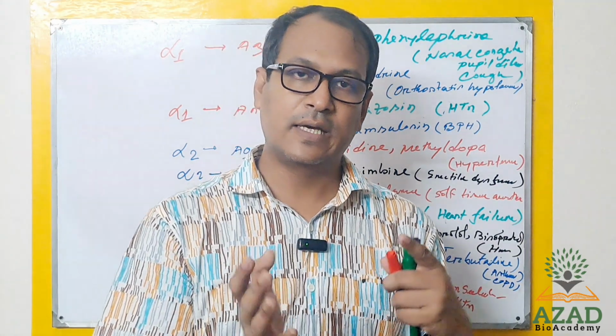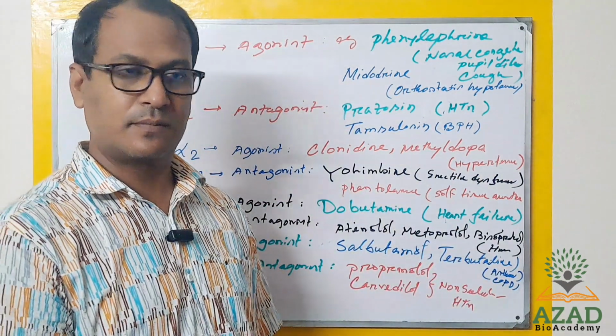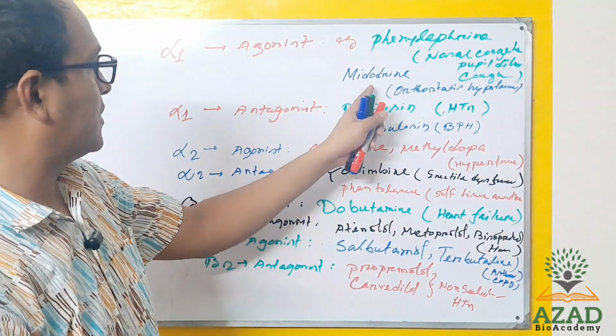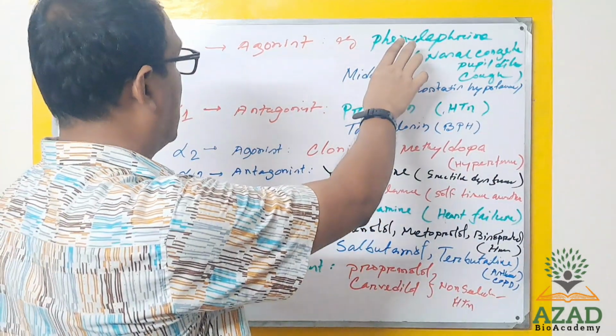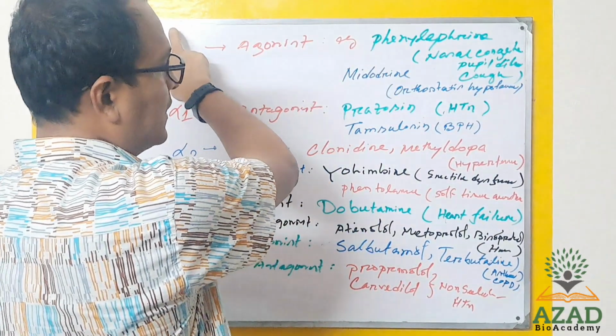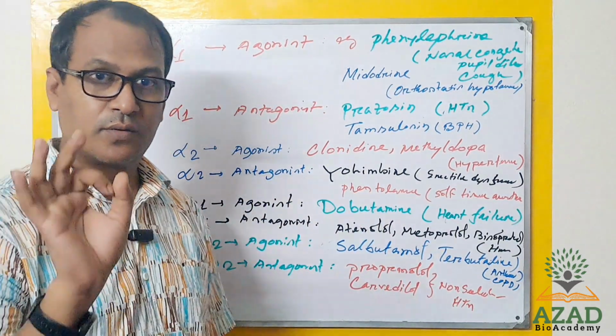Okay, so you will be saved from a sudden, accidental problem. Okay, so this is the midodrine. So midodrine and phenylephrine, these are the agonists of alpha 1 receptor. Okay, so this one is alpha 1.